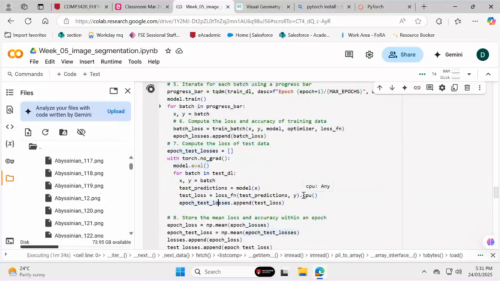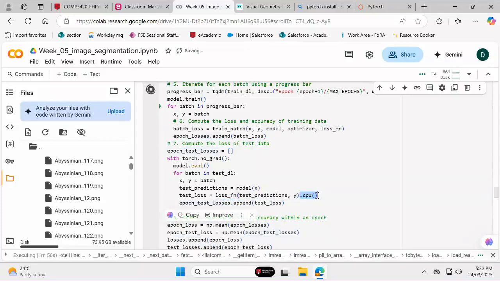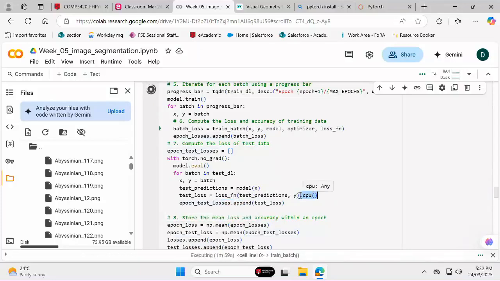After you find the loss of the data, you move it to the CPU so that you can do the next thing. All these things you learn just by trying. You get an error and you ask why. Then it's typically because of these things: it needs to be on the CPU or on the GPU, and so on.